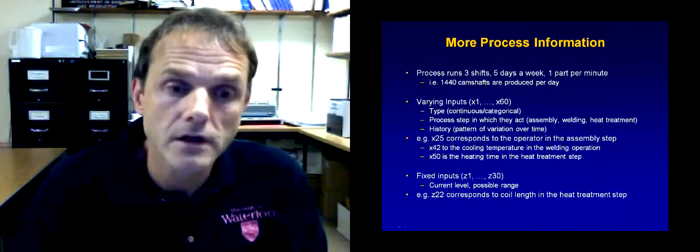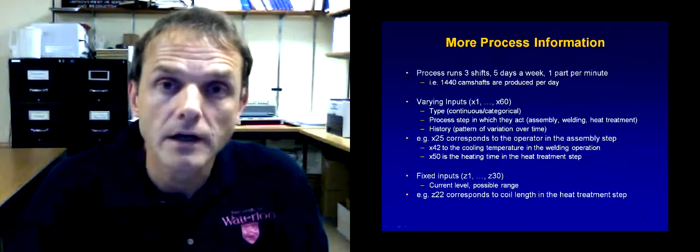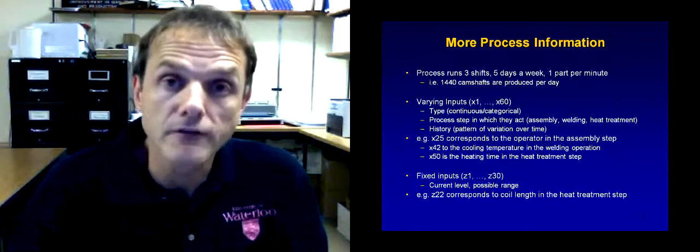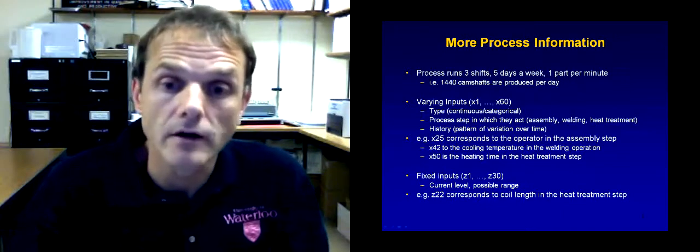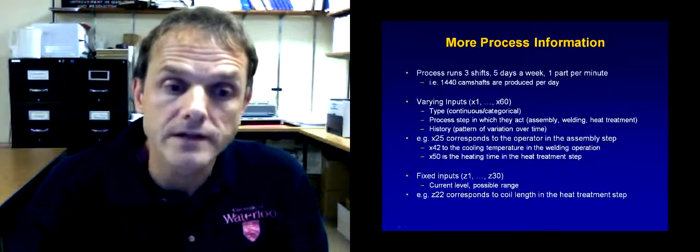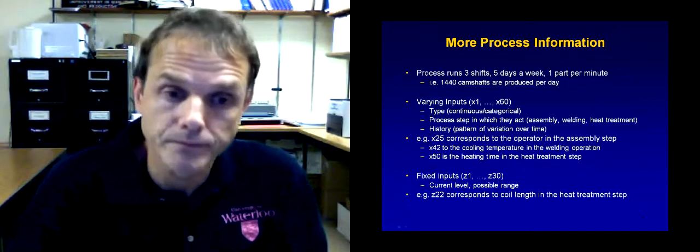So for instance, X25 corresponds to the operator in the assembly step, and this will be a categorical variable labeled 1 through 5 to represent the 5 different operators that are acting in the assembly stage of the process. Whereas X50 is the heating time in the heat treatment step, is a continuous variable. It has many possible values.